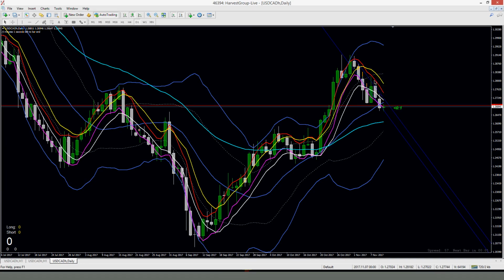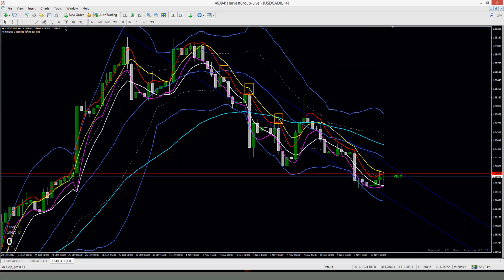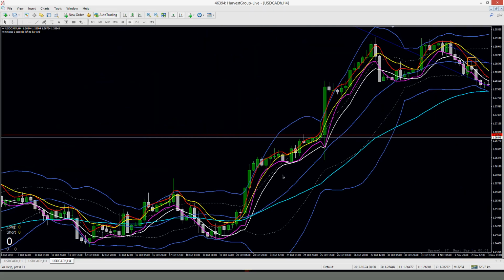Okay, so that's a re-entry sell on a D1 level. So by looking at MA50 and how the candles react to MA50 and how the price travels to MA50, then you know that this is a re-entry on a much higher time frame.